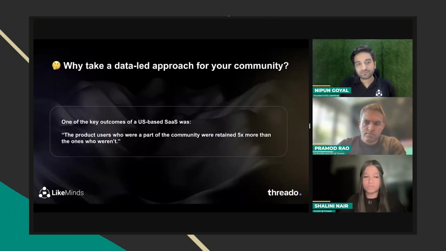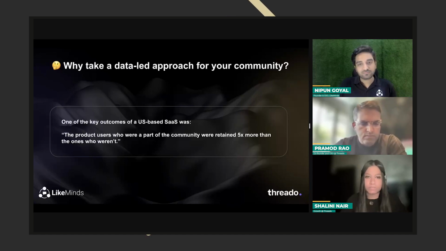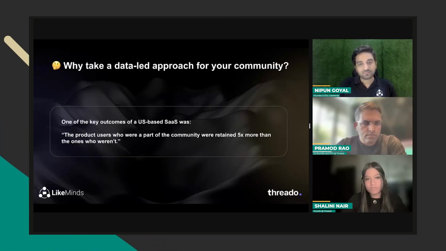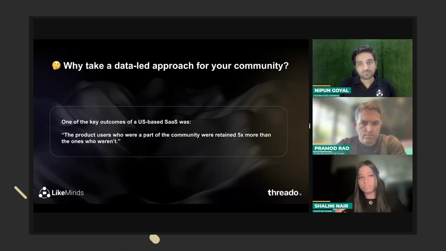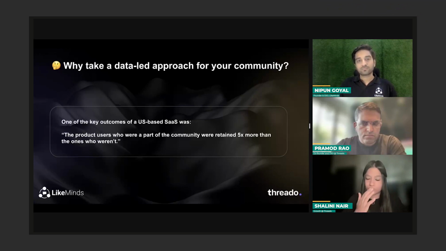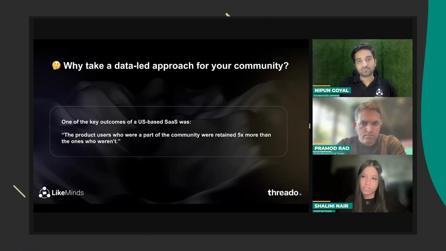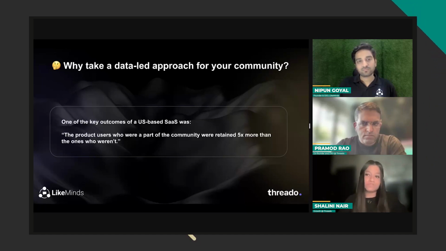So the first approach to understanding how your community functions, or how you want to go about managing your community, is to set those one or two goals that matter to you. One of the best outcomes that we've seen was from a Series B plus SaaS company with about 100 plus employees based out of the US. They had a community for their product users, and they tracked the product users who joined their community and the ones who didn't.